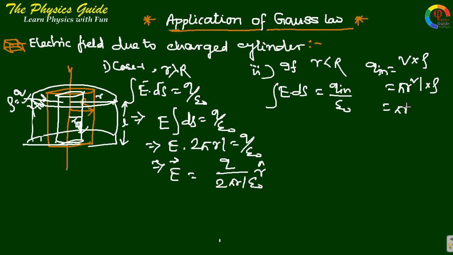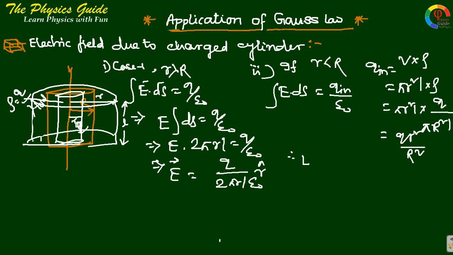That is pi r square l into rho, where rho is the total charge q over the total volume pi capital R square L, that is, q r square by capital R square.